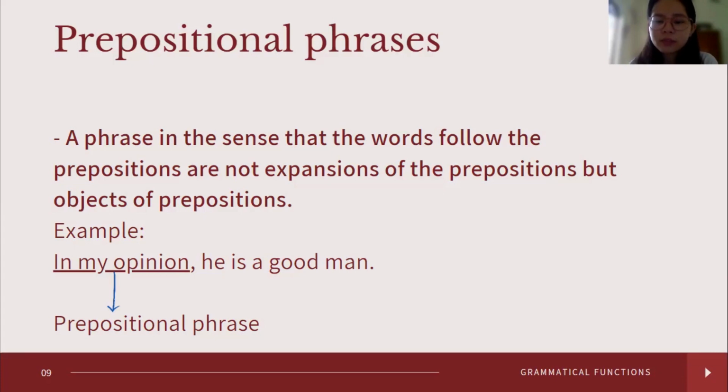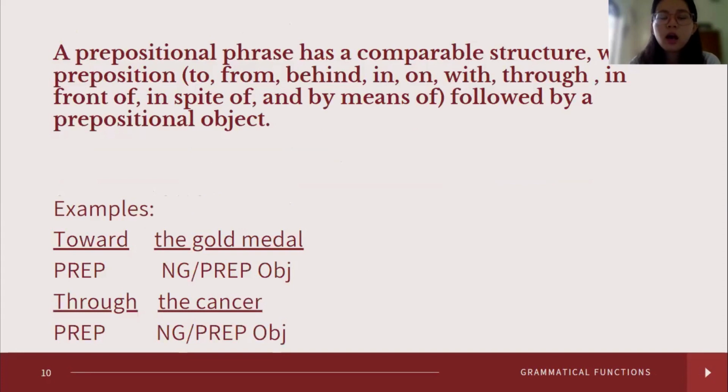In my opinion, he is a good man. In my opinion is a prepositional phrase. A prepositional phrase has a comparable structure with a preposition: a word like to, from, behind, in, on, with, through, and more complex prepositions like in front of, in spite of, and by means of, followed by a prepositional object.